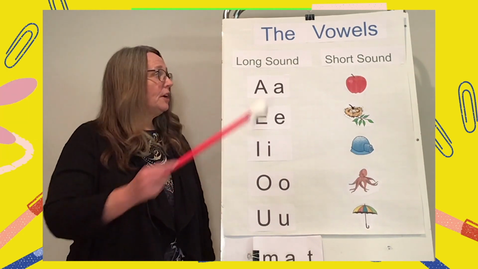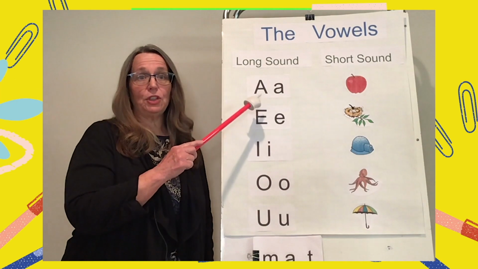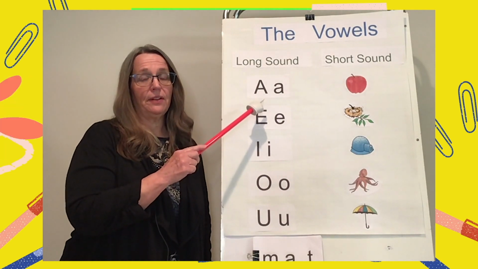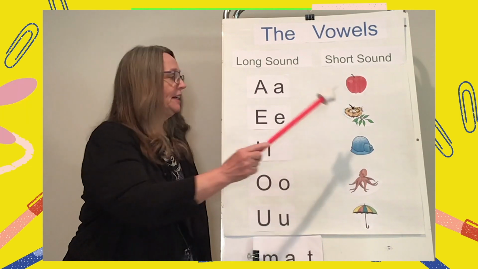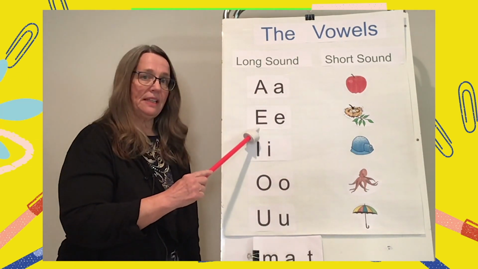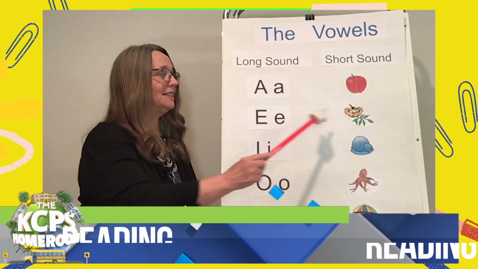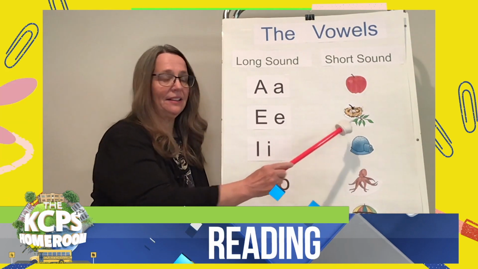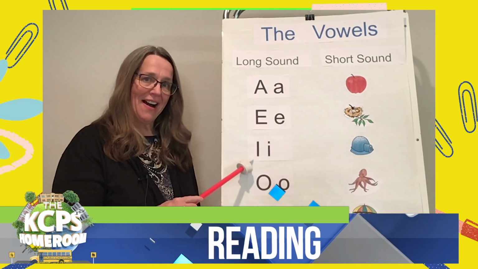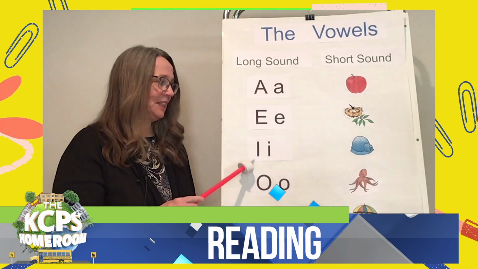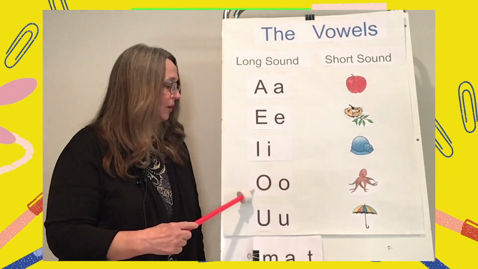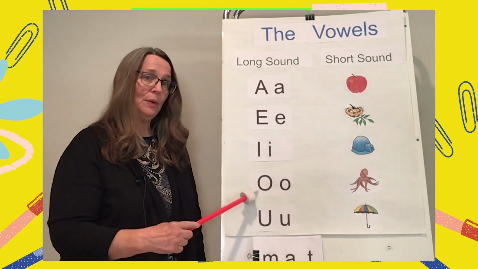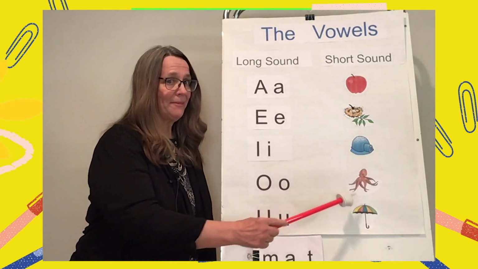So when the letter A is making the short vowel sound, that sound is ah. This letter E, the short vowel sound, is eh. This letter I, the short vowel sound, is ih. The short vowel sound for O is ah.